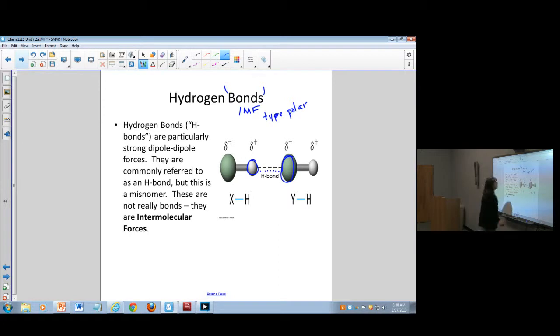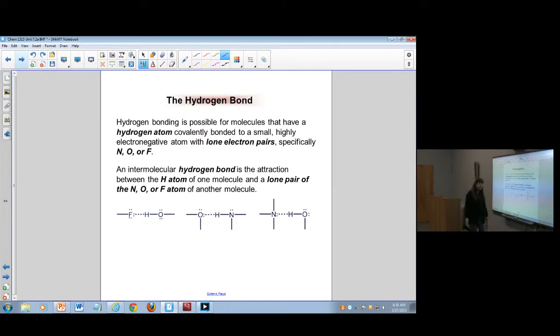So even though we call them bonds, they're not traditional bonds. They're intermolecular forces, and they're very strong. They can be stronger than polar-polar, dipole-dipole. But they only happen with three atoms. Not three molecules, but three atoms.